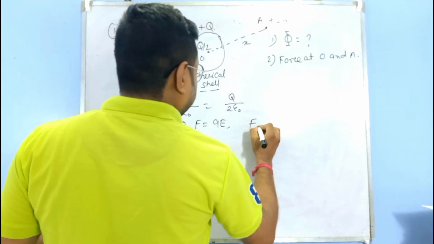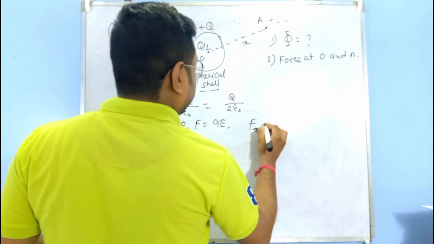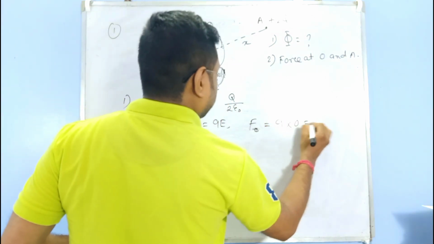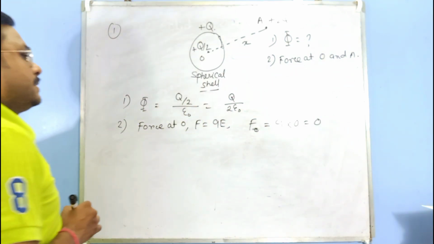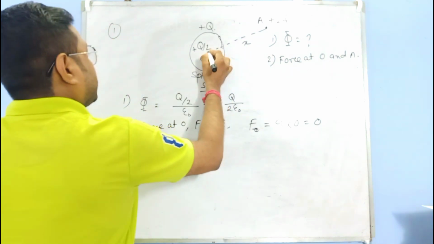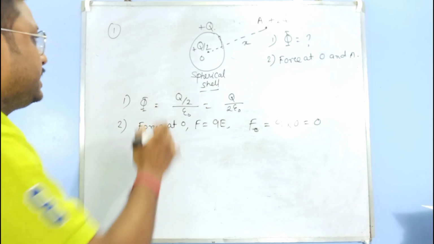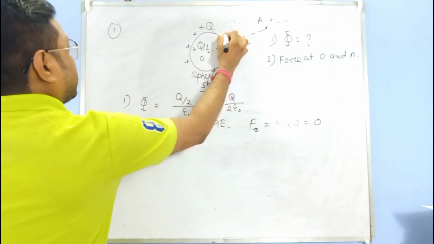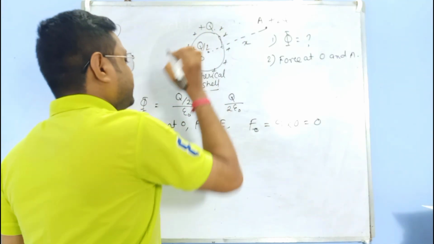So the force at point O equals Q into 0, equals 0. You can say that the q by 2 charge is located here, but this charge will be distributed on the outer surface. The net electric field inside the sphere is 0.